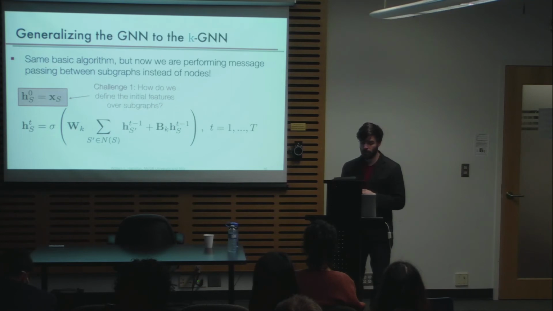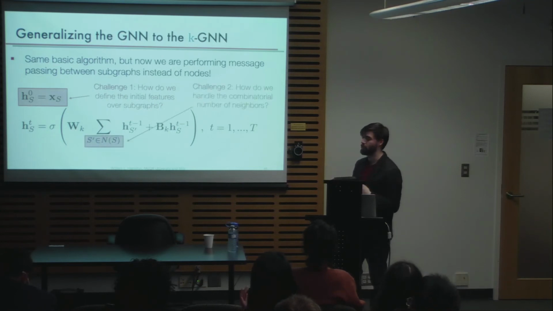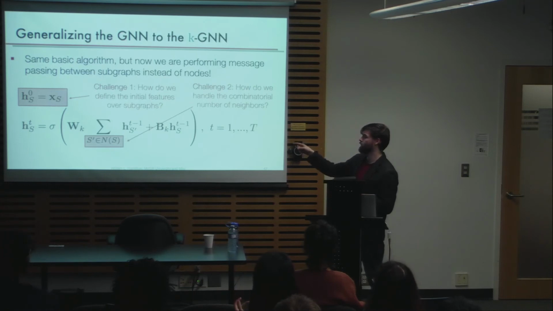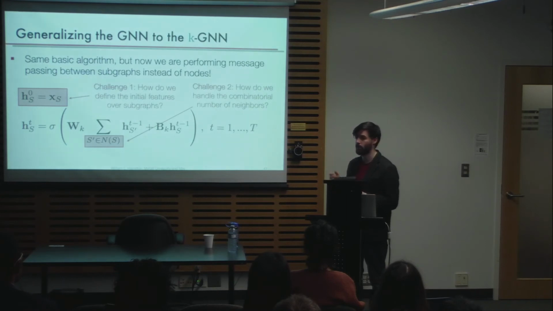We have a couple challenges here. The first challenge is how do we define the initial features over subgraphs? We're given features over nodes. How do we get features over subgraphs? And the second problem is that if we're going to do this message passing over these subgraph neighbors, that's going to be just extremely computationally expensive. As we discussed, the number of neighbors is basically n choose k for each of these subgraphs, and so that's going to be huge just in terms of computational expense.